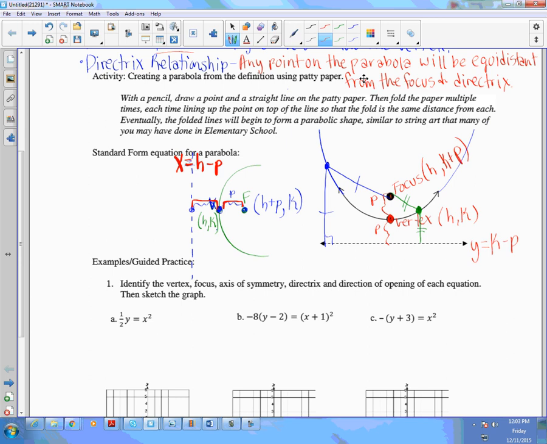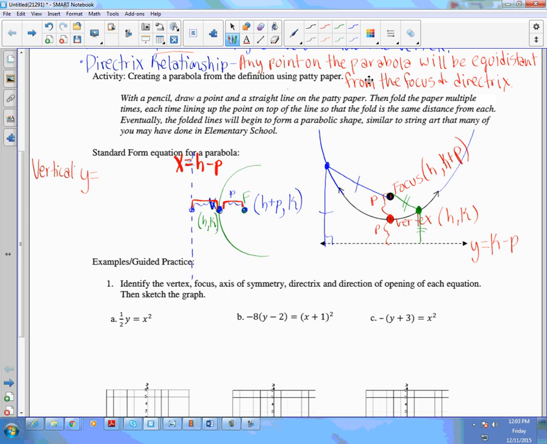Okay, so now I have a picture of everything. Then on the far left-hand side here, I'm going to give you the equations for vertical versus horizontal. If we have a vertical parabola, so concave up or concave down, the equation has to be y equals, which is the curve we're used to seeing.